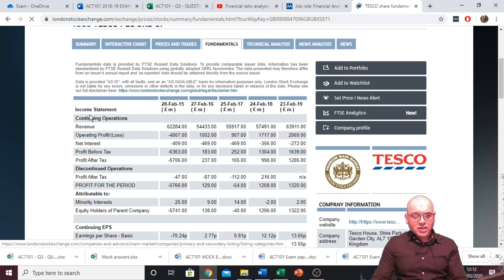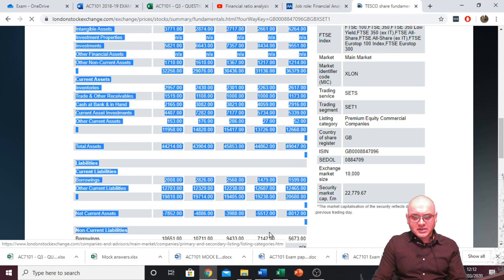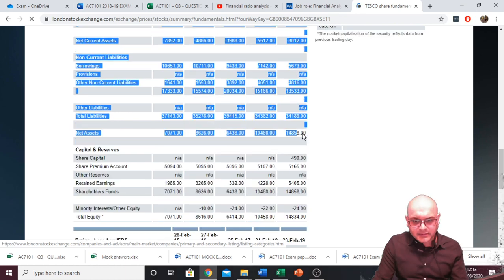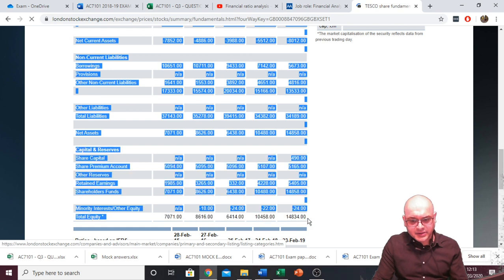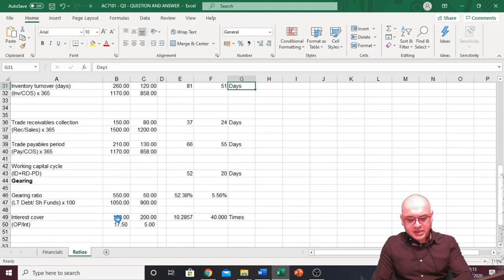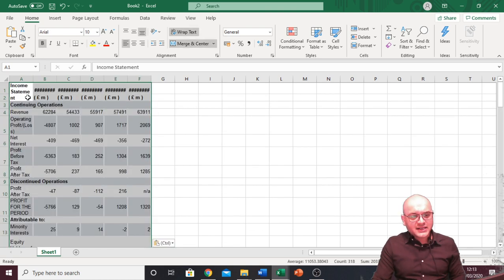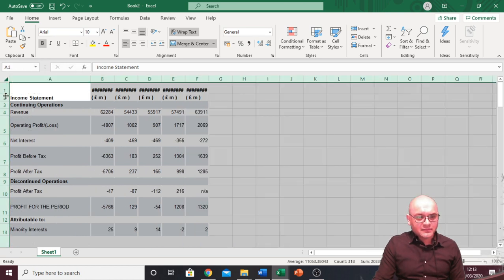and then you can copy and paste their income statement and balance sheet, right up to here. You can copy that, Control C, and then head to a new sheet of Excel, and then Control V there, and you will paste all the figures.